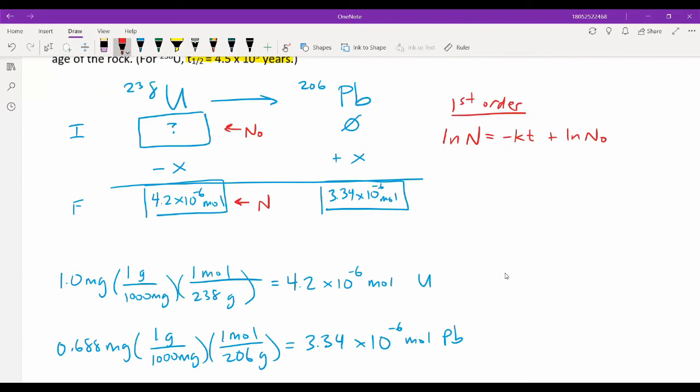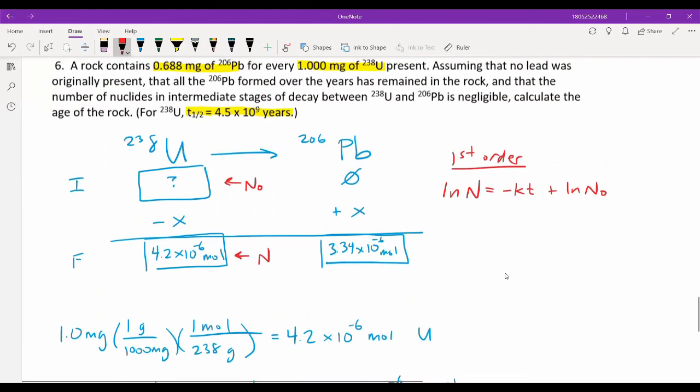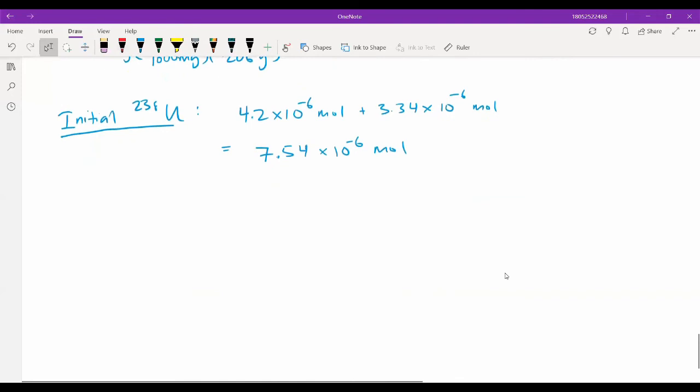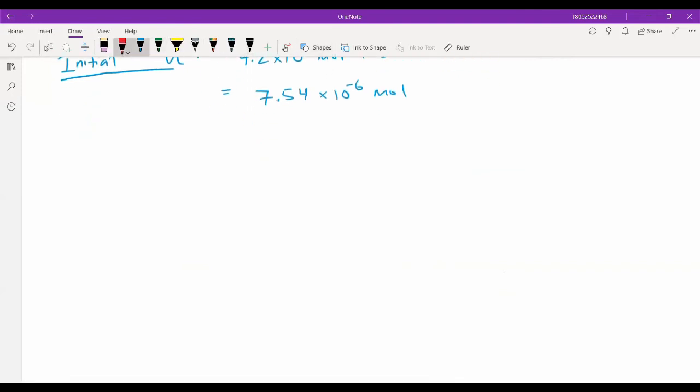So before we plug these things in, the last thing will be to figure out the K. As usual, they just give us the half-life. So that will allow us to find K from that.